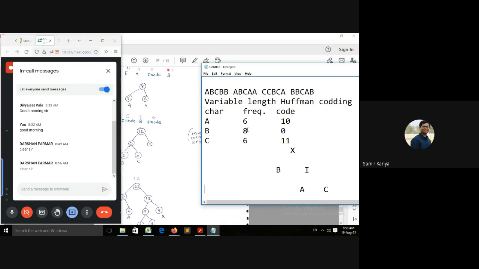Guys, what is the answer here? Darshan, how many bits? Or is there any other student?